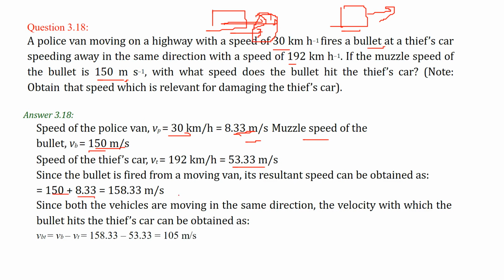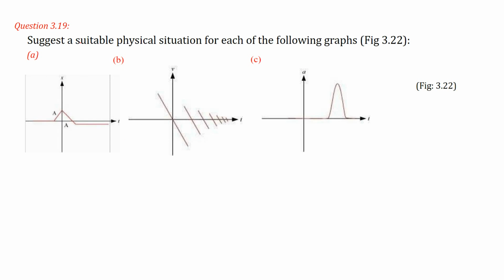So 150 plus 8.33 will be the actual velocity of the bullet being fired. And now both vehicles are moving in the same direction. So the velocity with which the bullet hits the thief's car will be simply VBT, VB minus VT, 158.33 minus 53.3, which is 105 meters per second.